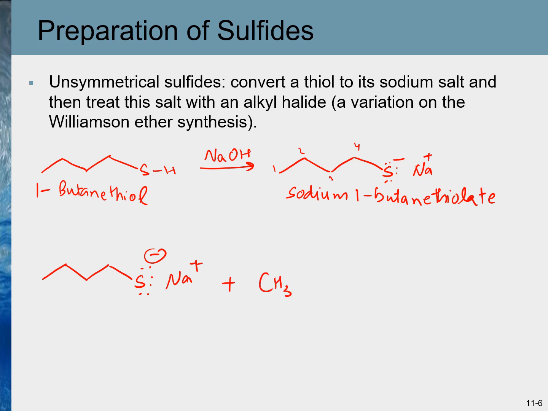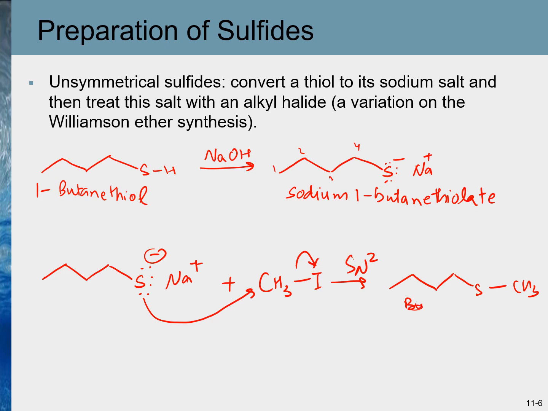For example, if I use methyl iodide, in this case the thiolate will perform an SN2 type of reaction, and we will get an asymmetrical sulfide, in which one side is 4 carbons, the other side is methyl.